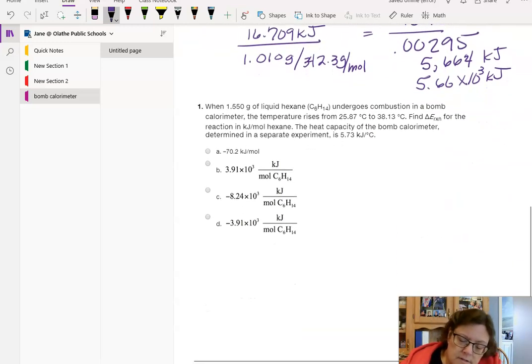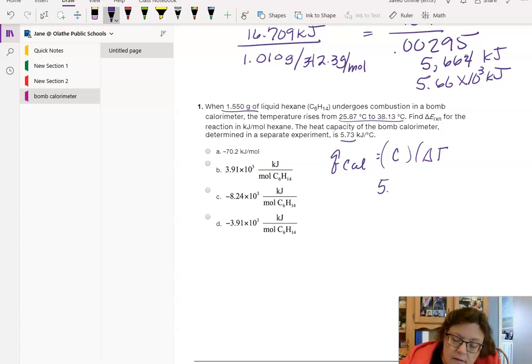All right, our next equation. Once again, it gives us a mass of liquid hexane. It undergoes combustion in a bomb calorimeter. Here's our temperature change. Find the change of energy for the reaction. So first we're going to do Q of the calorimeter, which is equal to the specific heat of the calorimeter times the temperature change.